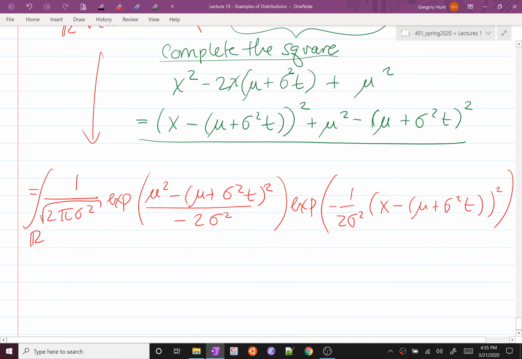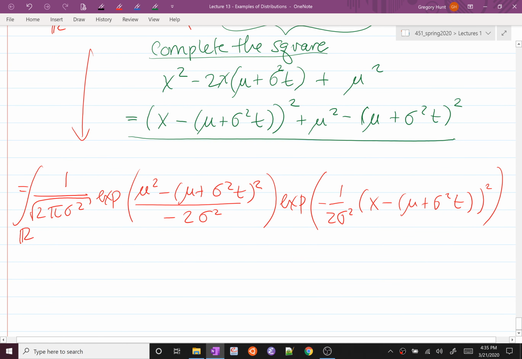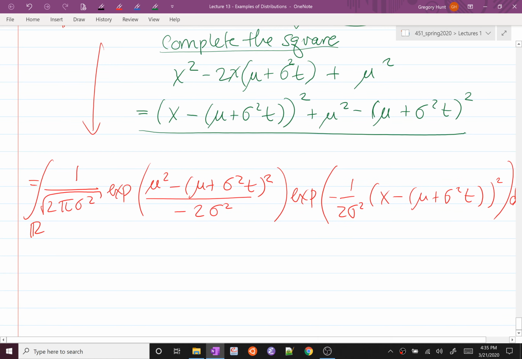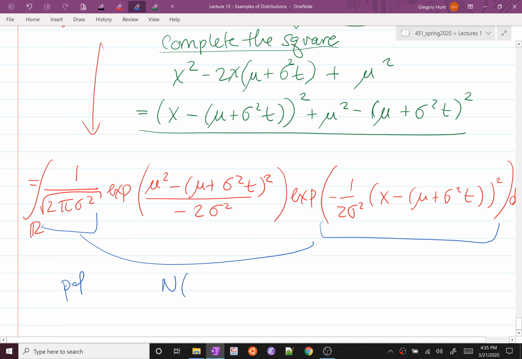And if I notice a couple things, this whole integral is with respect to dx, right? If I just look at this term and this term, these combined are the PDF of a normal.